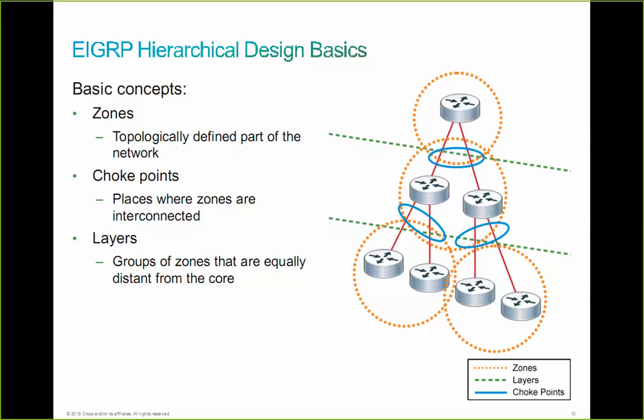Okay? So when we're designing an EIGRP network, the main question that we have to ask ourselves to start with is how many layers do we need? And it's going to be totally dependent upon the scale of your network and how routes are being propagated through the network, how sites are interconnected, and so on. All right?